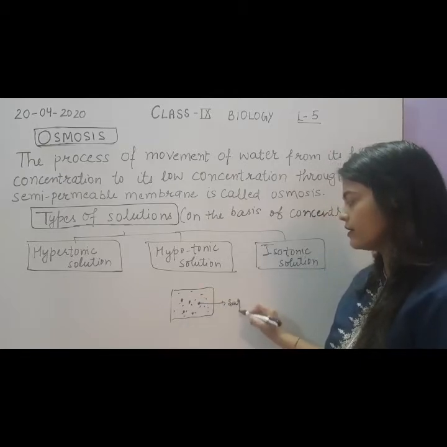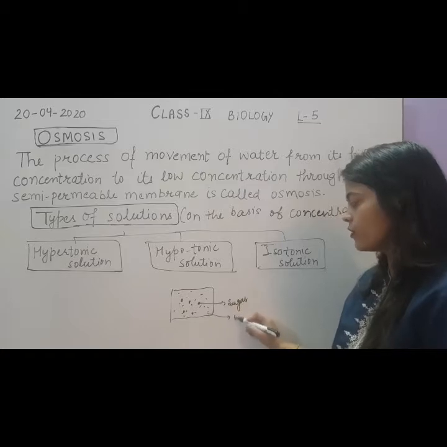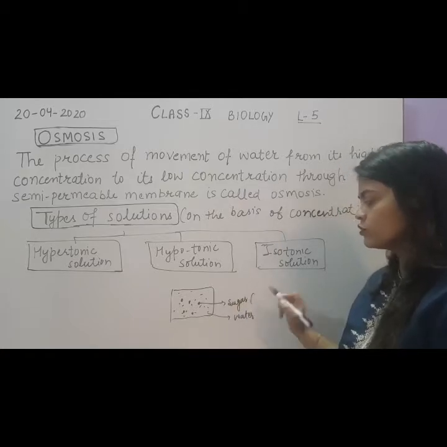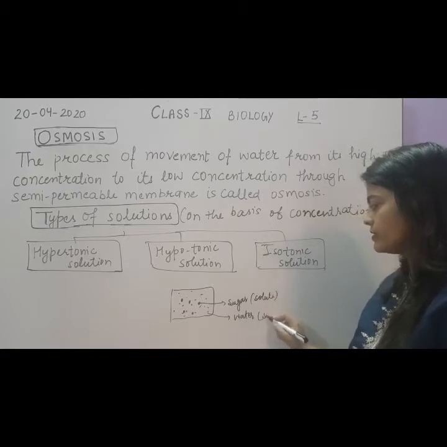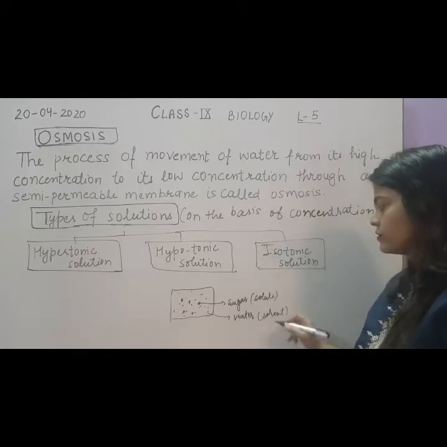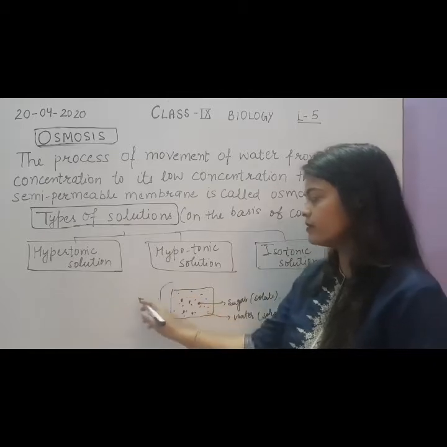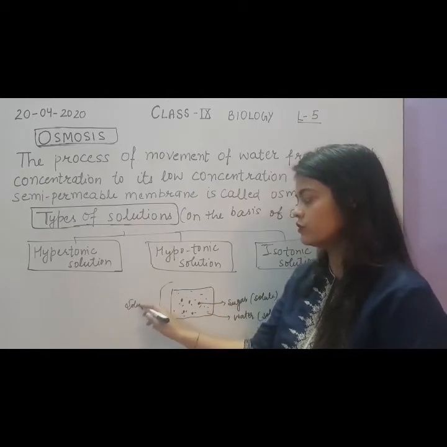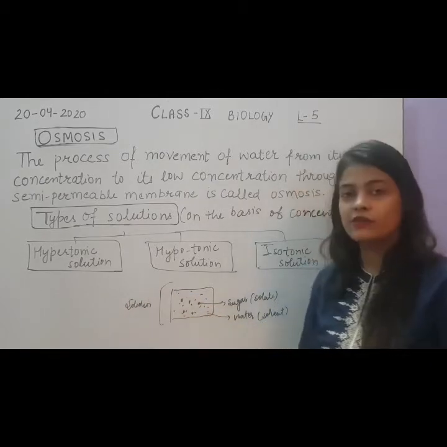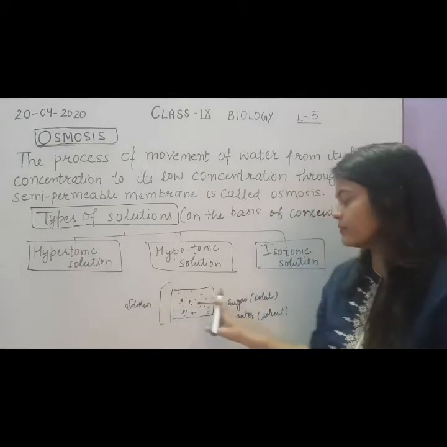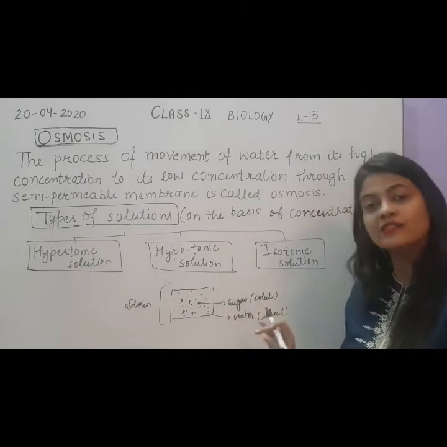This is a sugar particle and these are water molecules. Sugar is considered as solute and water as solvent, and together they are considered as solution. The solution is the mixture of solute and solvent.